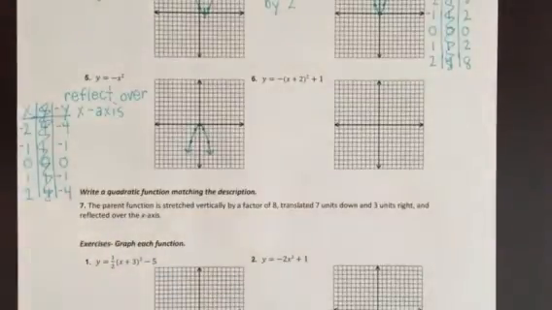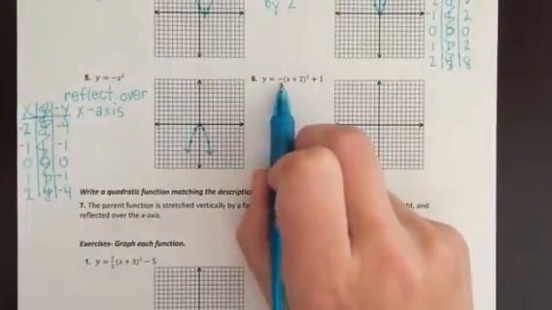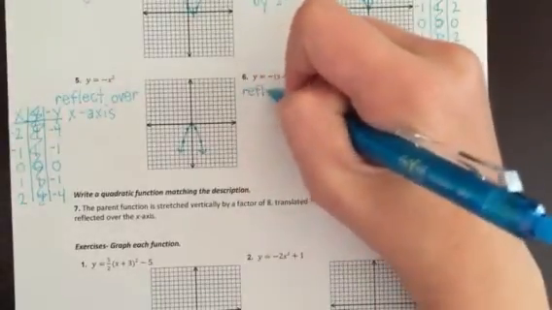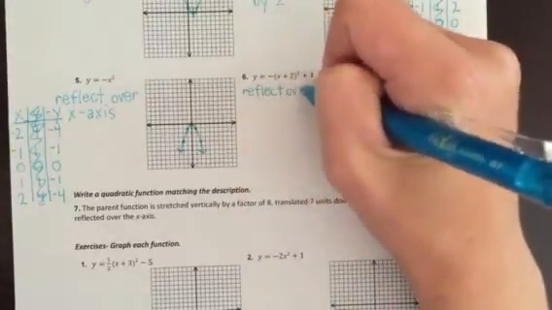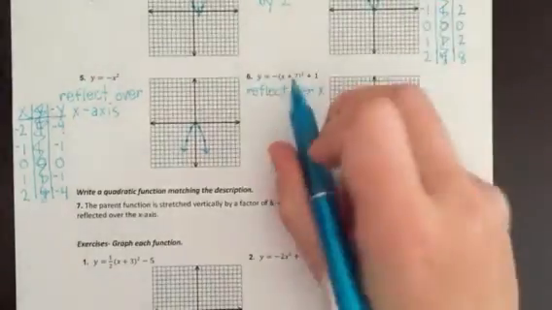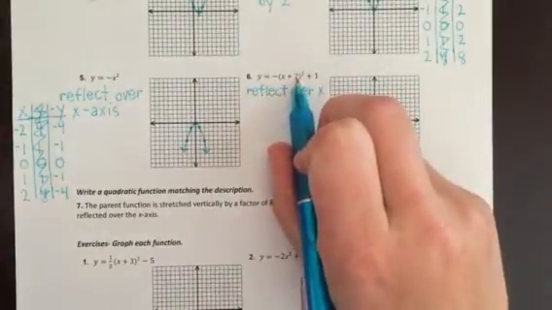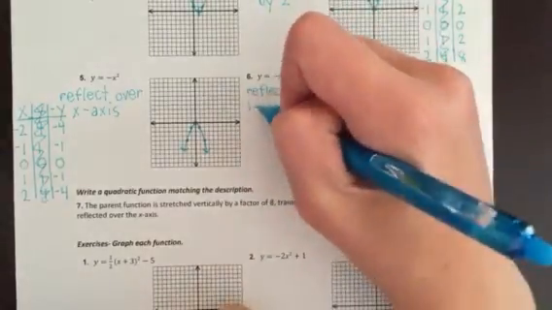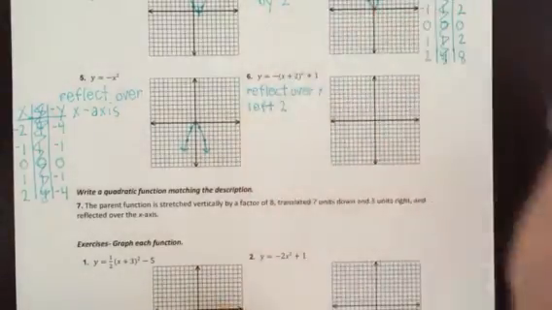All right, so let's combine everything we've learned. So on this graph, we've got a couple of things. We've got the reflect over the x-axis. We've got, okay, +2 on the inside. That's either left or right. It is actually left 2.